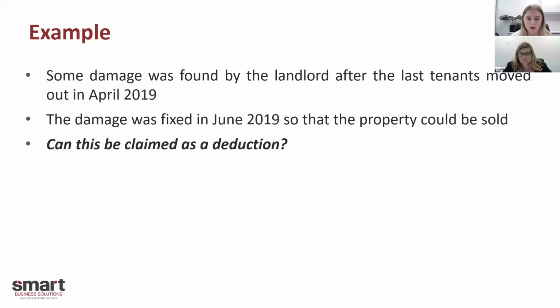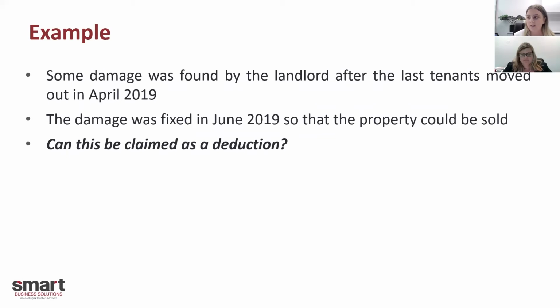Remember, going back to those 4 criteria points, we're making sure that the repair made, and when we paid for it, was in the same year that we incurred the income. In this scenario, it looks like it most likely will be deductible, because we earned income in April 2019 and we then paid for the repairs in that same financial year.